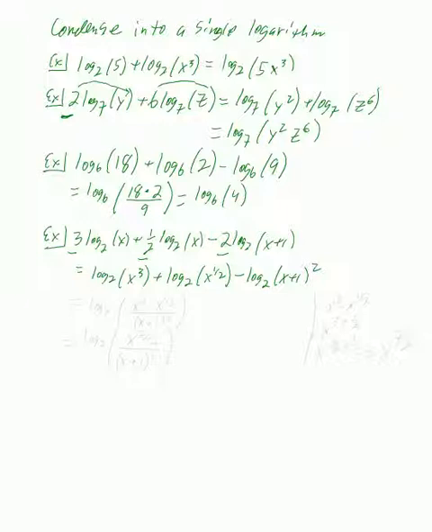And now I'm going to apply rule number 1 and 2. We'll start with rule number 1. Log base 2 of, I have x to the 3rd power times x to the 1/2 power divided by x plus 1 raised to the 2nd power. Now up above in the numerator, I have x to the 3rd times x to the 1/2.